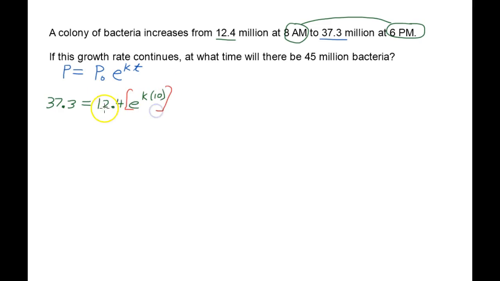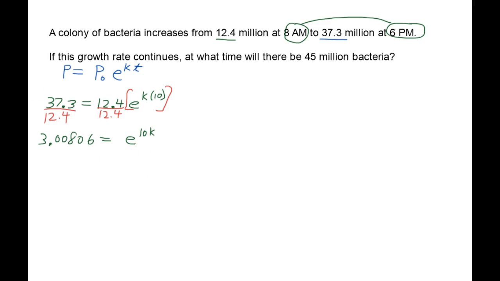So let's divide each side by 12.4, and when we do that, we get 3.00806, rounding to 5 decimal places. You should hang on to at least 5 decimal places until the end of the problem. That equals e to the power of 10k. Instead of k times 10, I wrote 10 times k there.